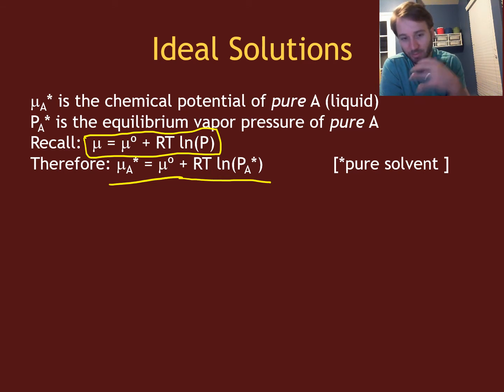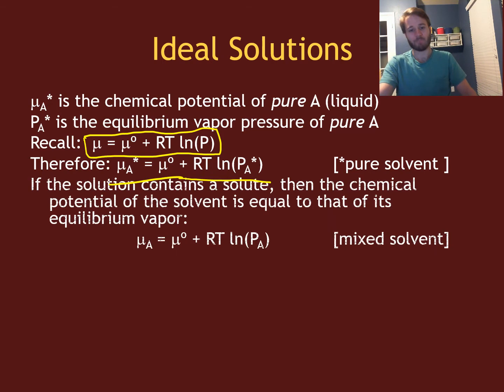So that's how we know the chemical potential of a pure liquid has to equal mu naught plus RT ln PA, because that is the chemical potential of your vapor, and that has to equal the chemical potential of your liquid, assuming you've established this equilibrium where you have this vapor pressure. And so that is the standard chemical potential of a liquid.